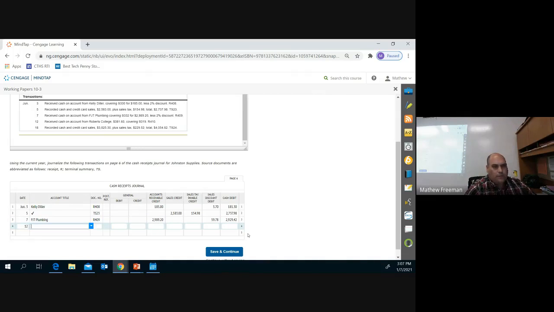Number 12, Roberts College. Okay, that's going to be R410. We're going to put cash received on account, so 381.60. Go over here, 381.60. Number 18, the last one.